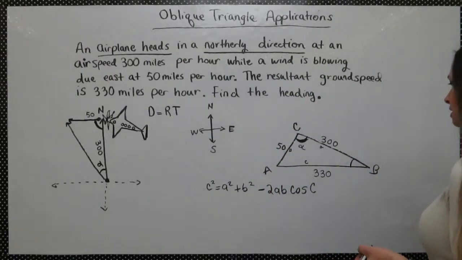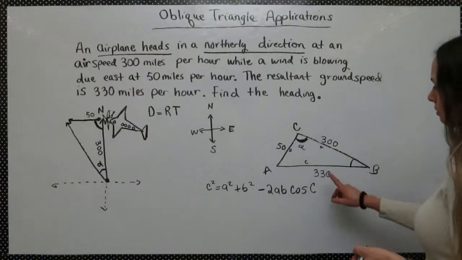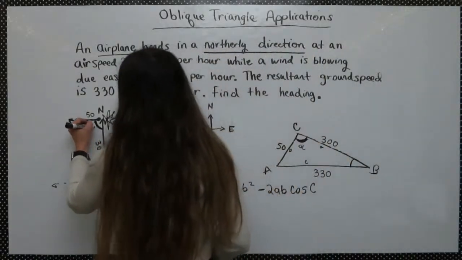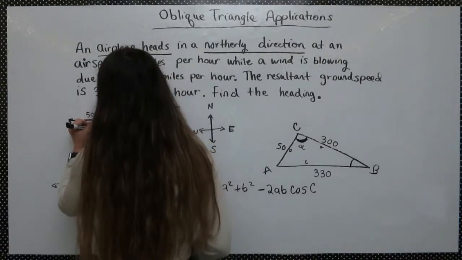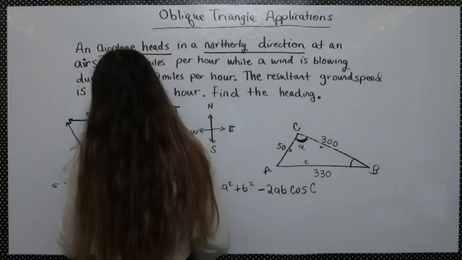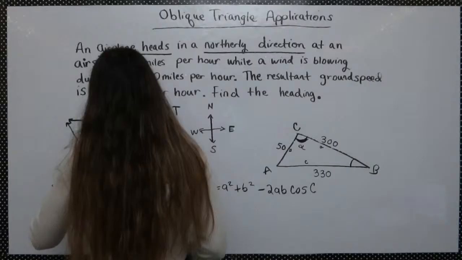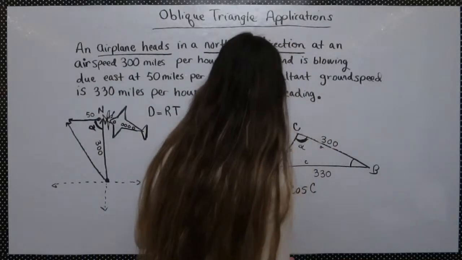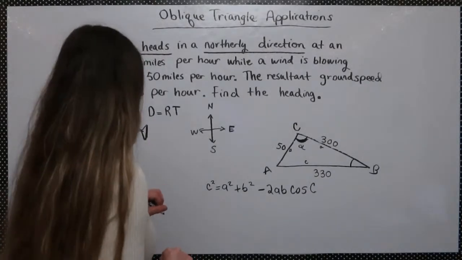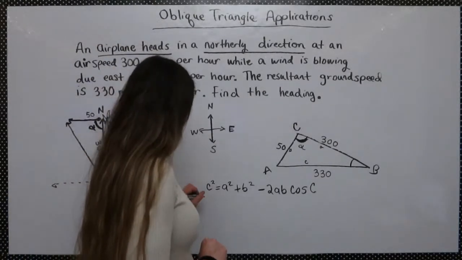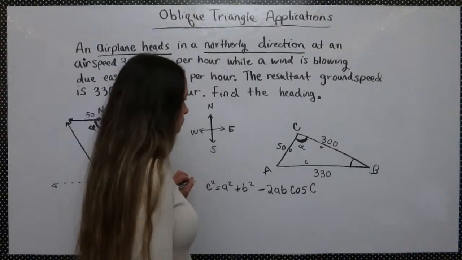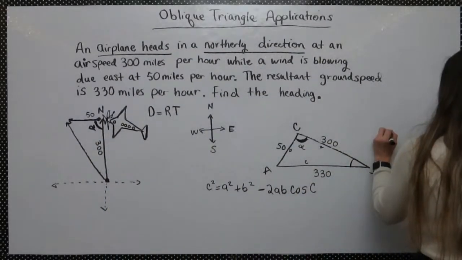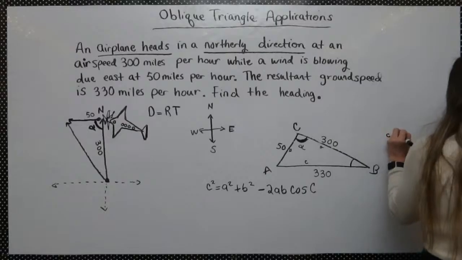And now I'm just going to plug in what I know. So we have, this is the angle that we're looking for right here. It's going to be the heading, not this one. All right. So we have c squared. So let's make a list real quick. So we've got c, little c is 330.